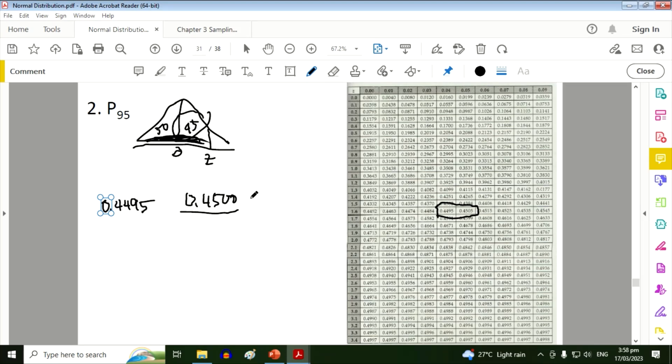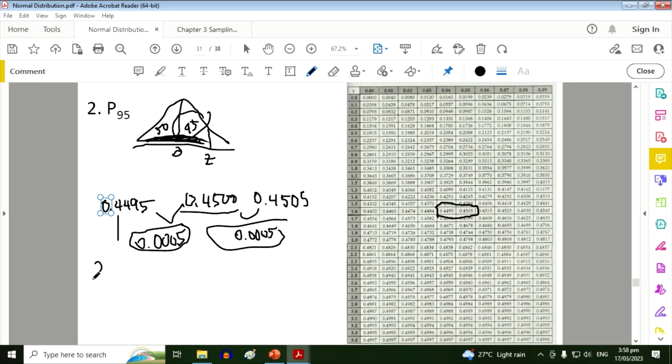0.4495 and 0.4505. Taking the difference, this is 0.0005, and these two also have a difference of 0.0005. Take note, they have the same difference or distance from 0.4500. So what do we do here? We will take the average of their z-scores.